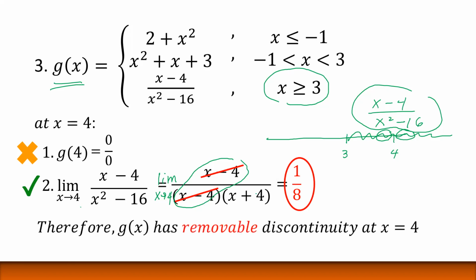So that means g of x has removable discontinuity at x equals 4. So the term that we have is removable discontinuity. Yan. Parang in the real sense, parang ano siya, negotiable. Pero dito sa ating terms dito, mathematical term natin is removable discontinuity. Okay?